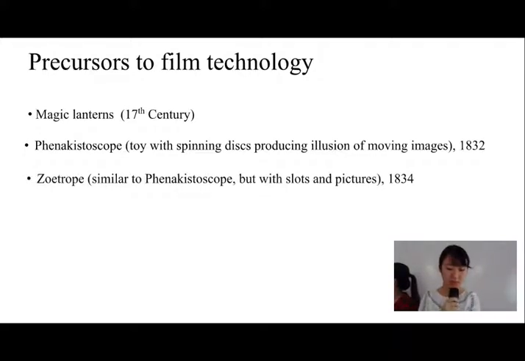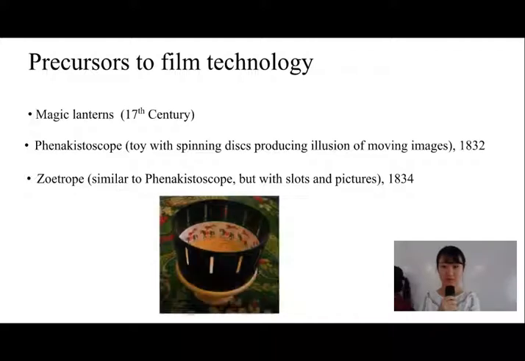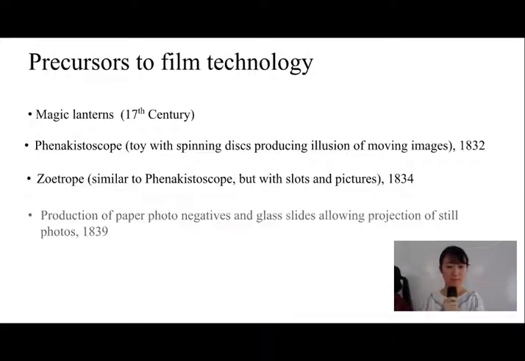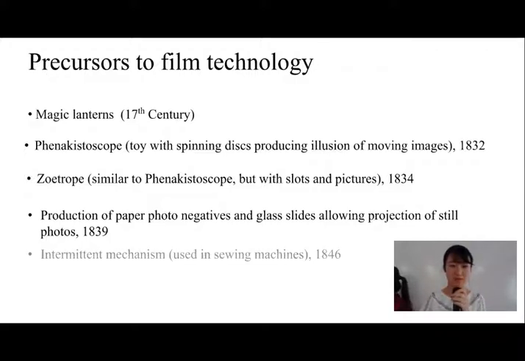And the zoetrope is one of several pre-film animation devices that produce an illusion of motion by displaying a sequence of drawings or photographs. In 1839, production of paper photo negatives and glossy slides allowed projection of still photos.